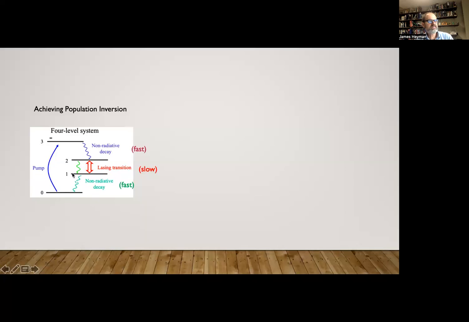In that case, it should be easy to arrange a population inversion. If we pump rapidly enough, atoms will build up in this long-lived state 2. Meanwhile, state 1 has a low population because it decays so rapidly. And so we can get a population inversion between state 2 and state 1. Then we're all set. If we excite the system with photons whose wavelength exactly matches the 2-to-1 transition, we can get light amplification and lasing.